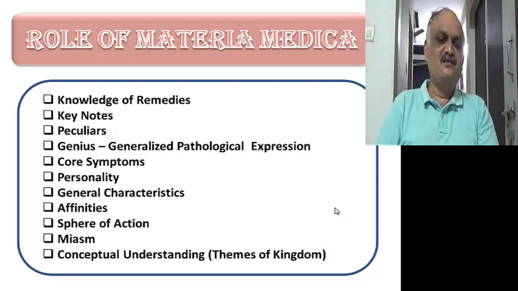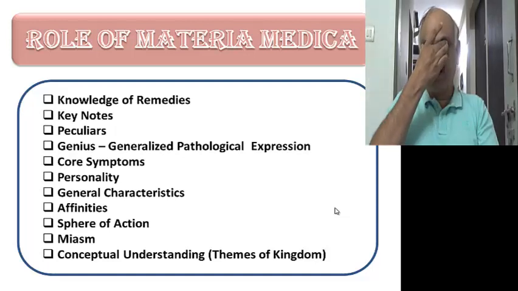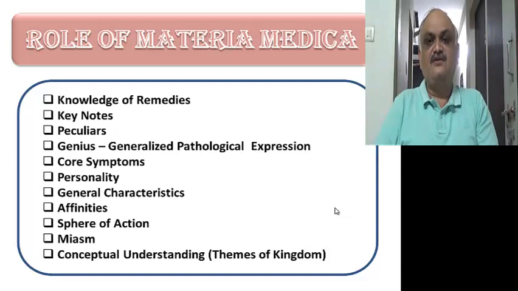So the role of materia medica has the following things we have to consider: a knowledge of remedies, keynotes, peculiars, genius. It's a generalized pathological expression. Like a person comes to us who has a burning in throat, burning in eyes, and hands and palms are also burning.